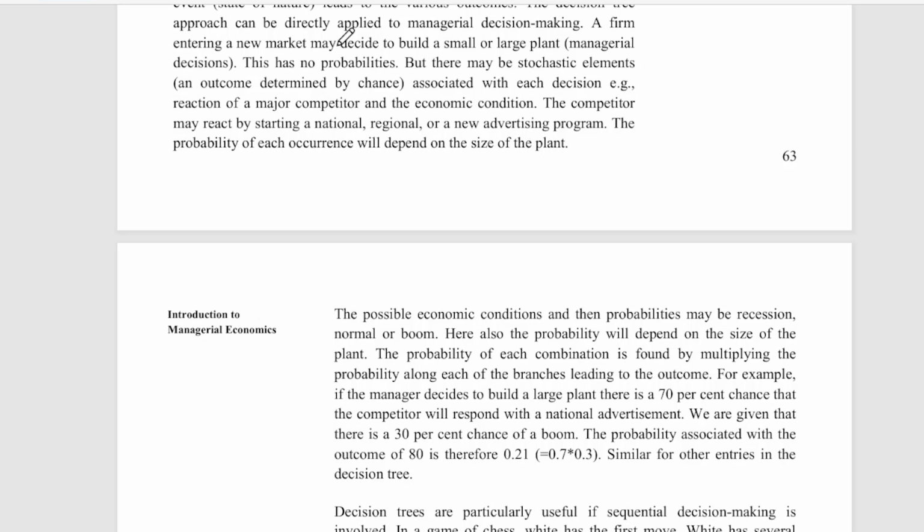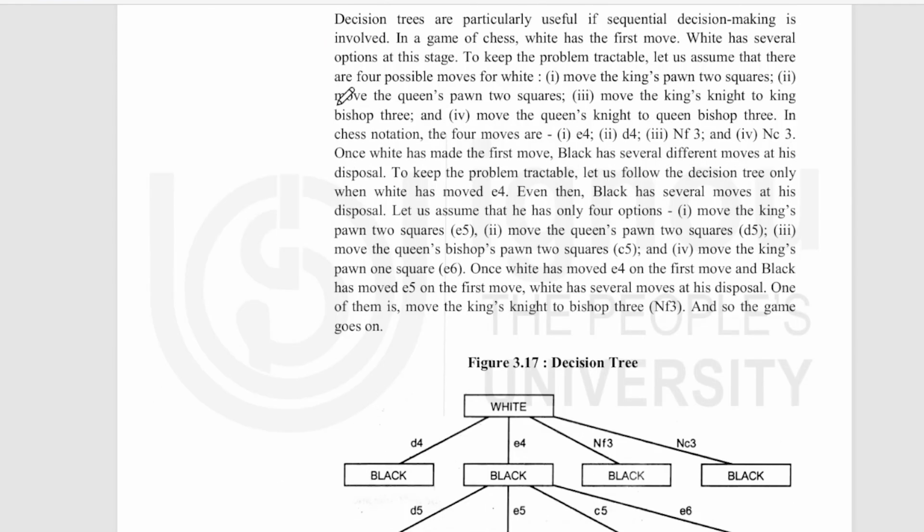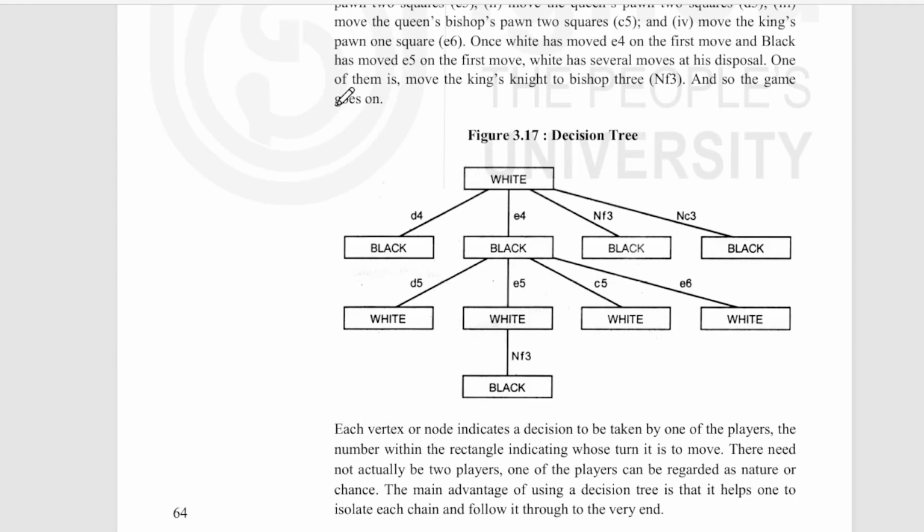The probability of each occurrence will depend on the size of the plant and the possible economic conditions, and the probabilities may be recession, normal, or boom. Here also the probability will depend on the size of the plant, and the probability of each combination is found by multiplying the probability along each of the branches leading to the outcome. An example is here, please go through it. And this is a decision tree like this.